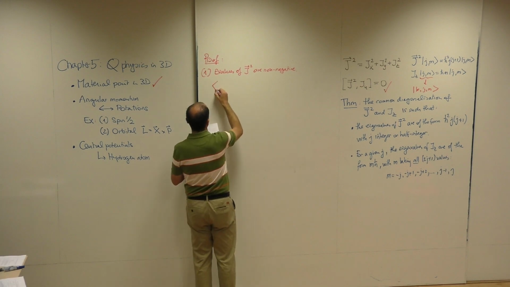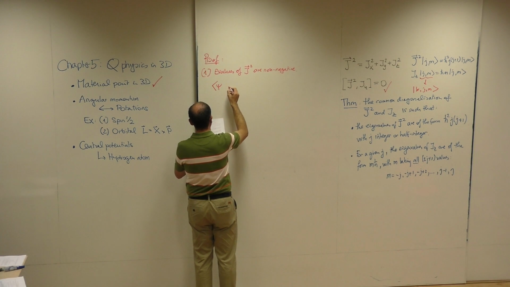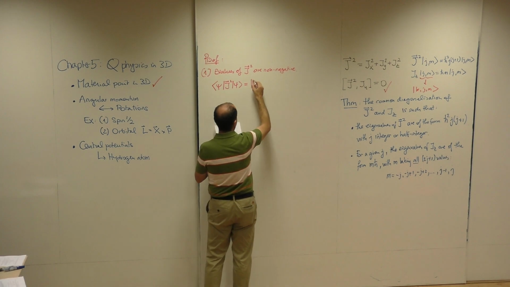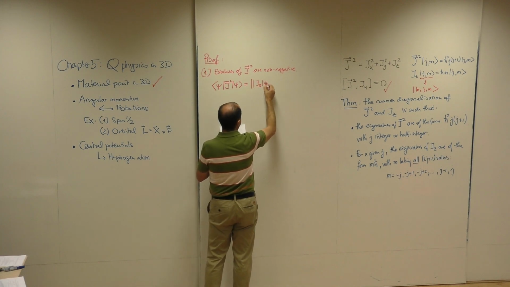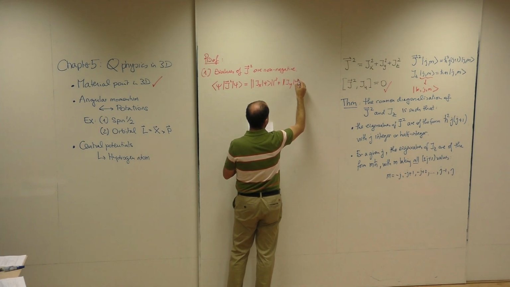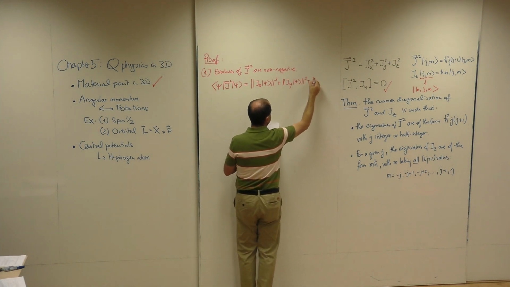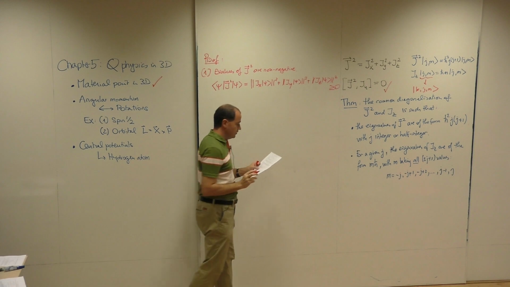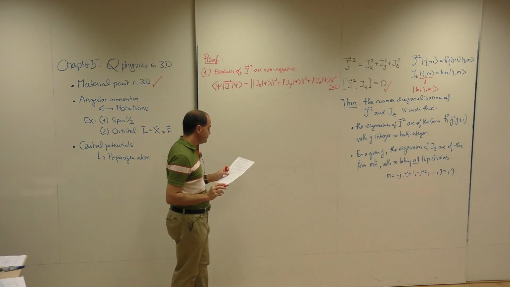That's the same proof as we had in the test: J square psi is the sum of these terms, and you recognize in each term these plus these plus that. Okay, so this is certainly non-negative.